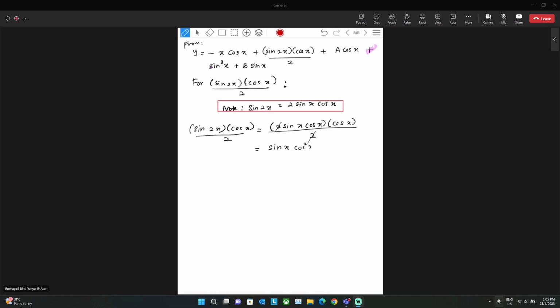So for sin x cos squared x, we know another note that cos squared x equal to 1 minus sin squared x. It seems quite challenging to solve this trigonometry. Now this becomes sin x (1 minus sin squared x).